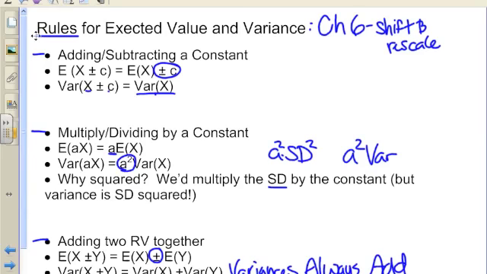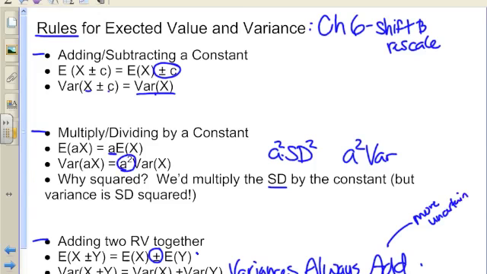It doesn't matter in the story problem if it's a subtraction problem. The means can subtract, but variances always add. That's because if we put two random variables together, we're going to get more uncertain. Remember, variance is measuring spread, or I like to think of it as uncertainty. So more uncertain, always, if we put two variables together.